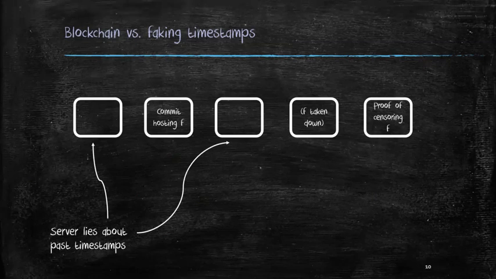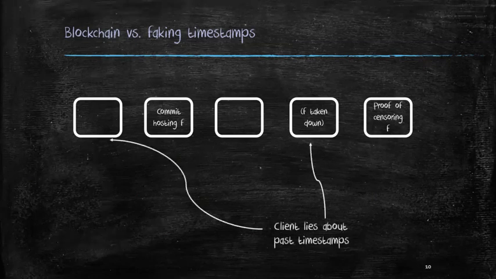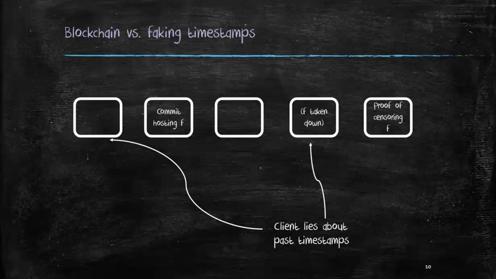Now, what happens if clients lie about a past epoch? In this case, the client needs to include the nonce for an epoch that happened after the file was uploaded, but before it was overtly censored. Suppose they are lying about an epoch that is after the file was taken down. That means their proof of censorship is just invalid, because the file was indeed taken down publicly and overtly.